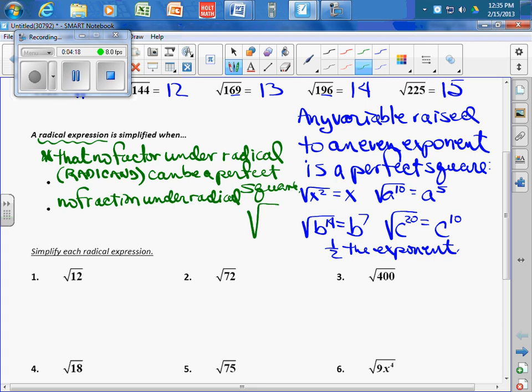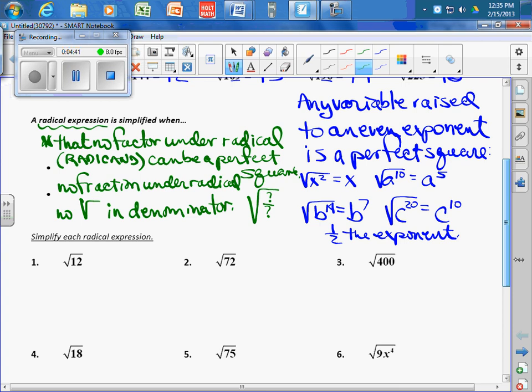You can't end with an answer looking like that. And we also cannot have a radical in the denominator. We'll talk about that one in a little more detail later on.